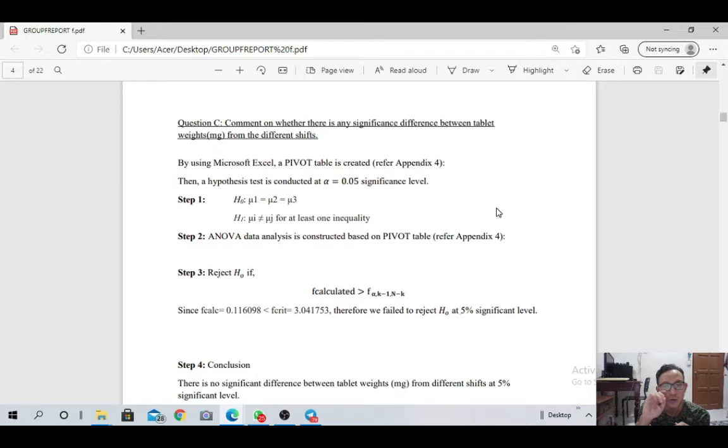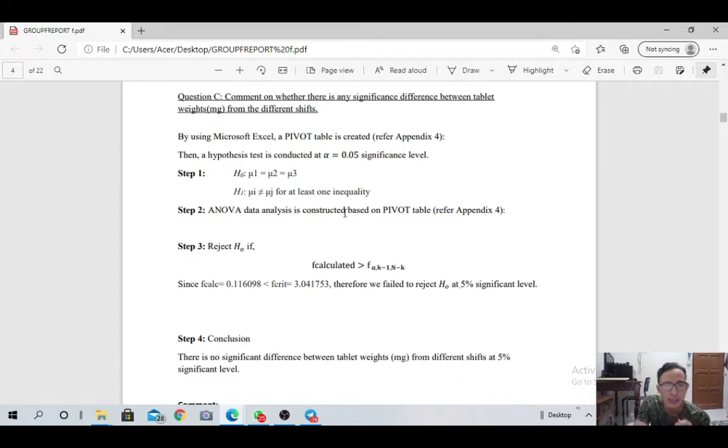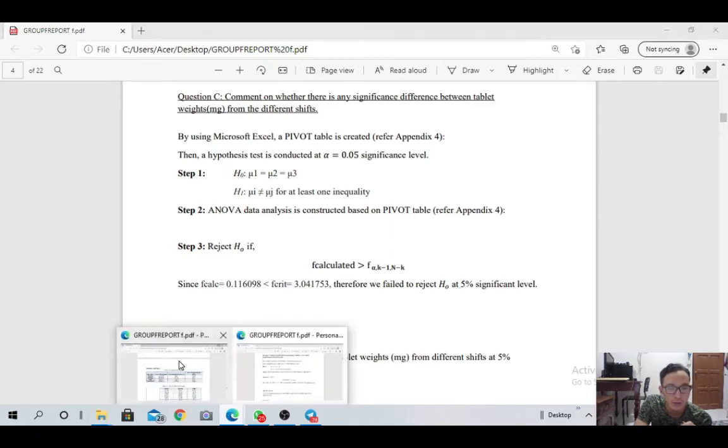In step 2, we are using ANOVA data analysis that we constructed from the pivot table in appendix 4. So let's see the pivot table here.